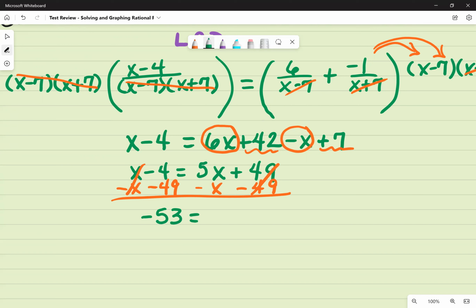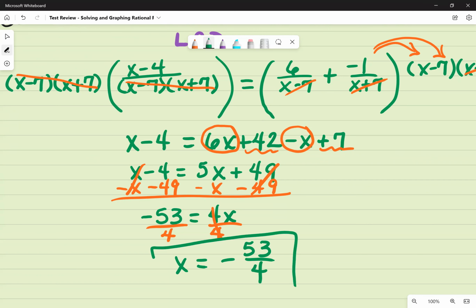And that's set equal to 5x minus x, which is 4x. I still need to get x by itself by dividing both sides by that 4. And therefore, my final answer is x is equal to negative 53 over 4.